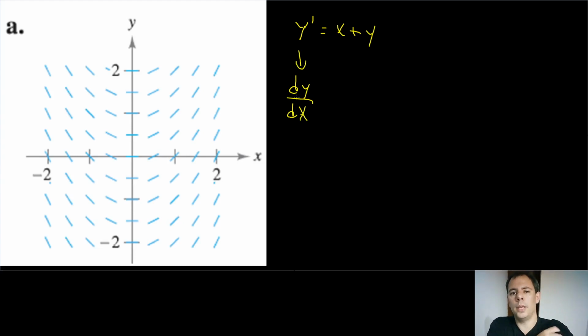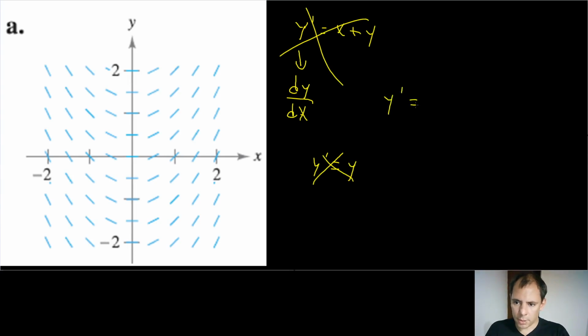So this thing is going to depend on x and y. We just determined that in this slope field the slopes don't depend on y, so it can't be this. This is wrong. What about y prime equals y? No, we just said that it doesn't depend on y, so this is wrong too.